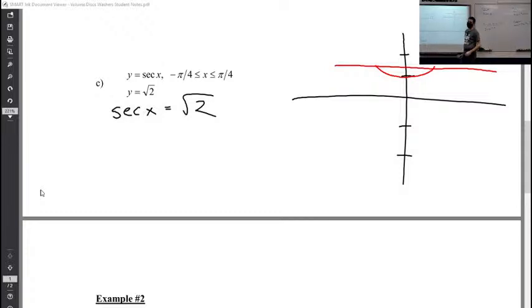So first of all, to revolve this around the x-axis, we need to start by flipping it over the x-axis. And then we'll do our revolving. So I'm going to draw a couple of these washers.